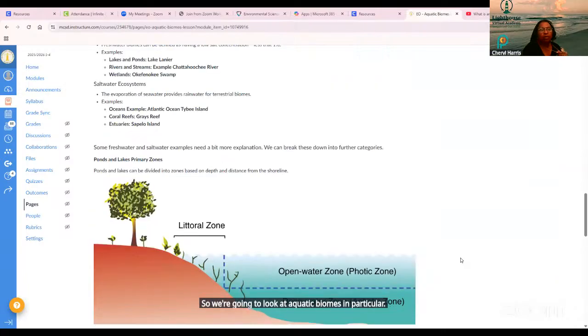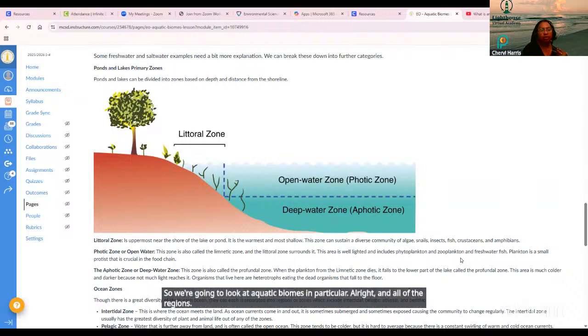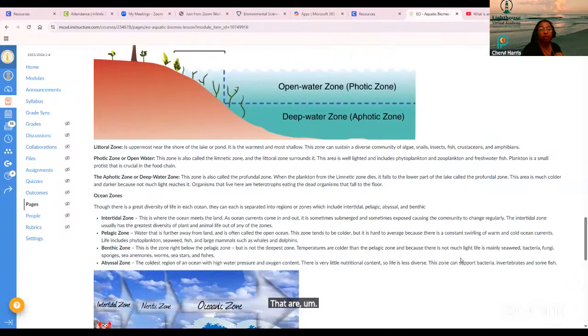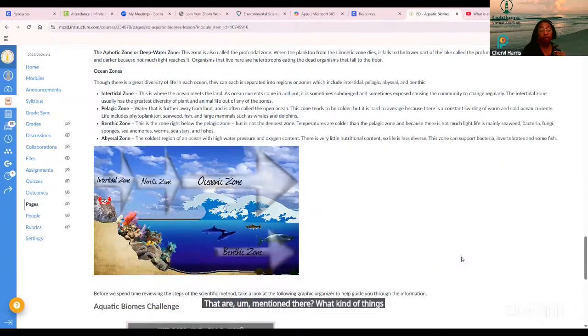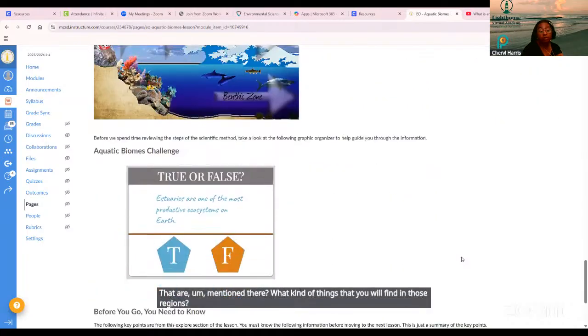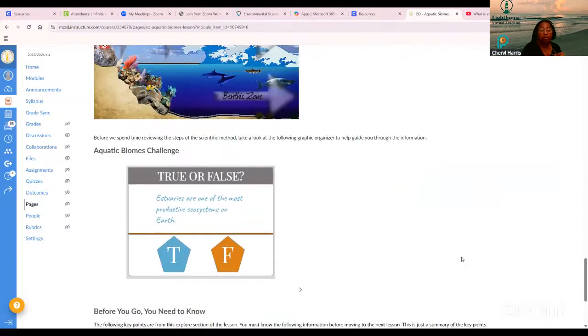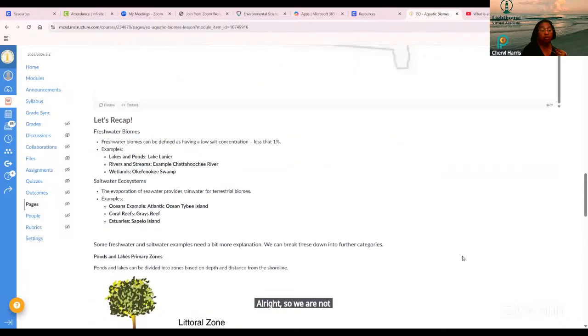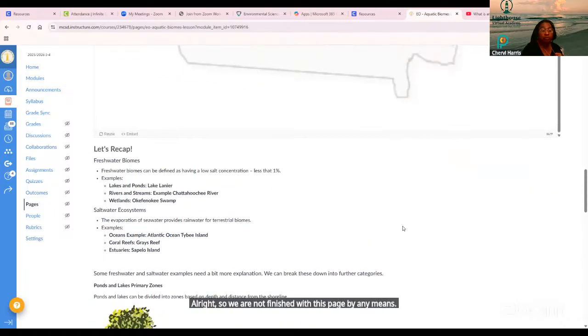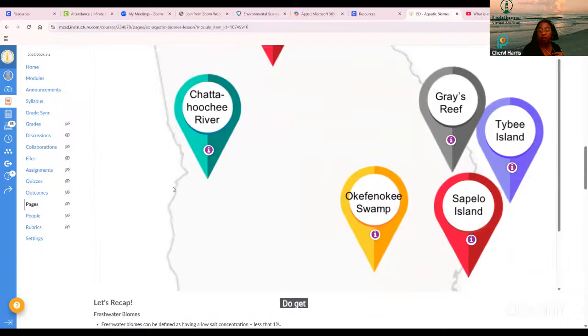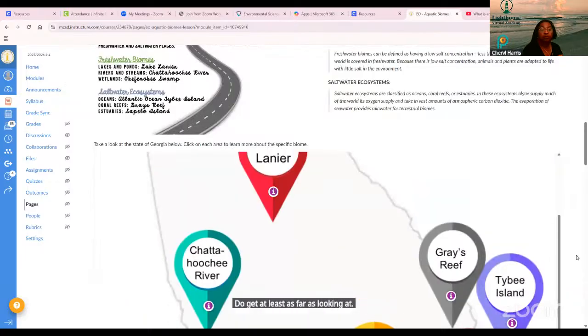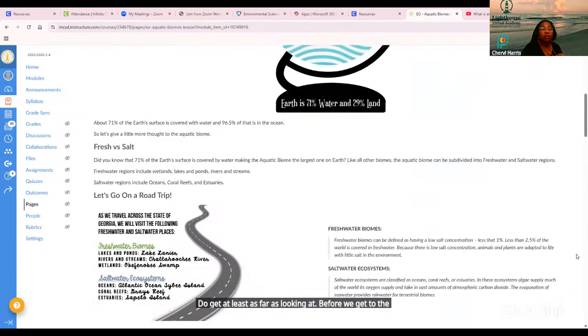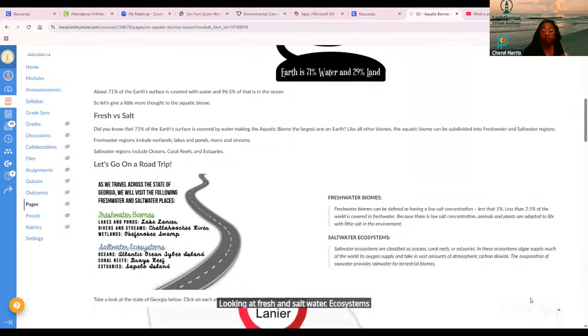And all of the regions that are mentioned there, what kind of things you will find in those regions. All right, so we are not finished with this page by any means, but do get at least as far as looking at, before we get to the recap, fresh and saltwater ecosystems and biomes.